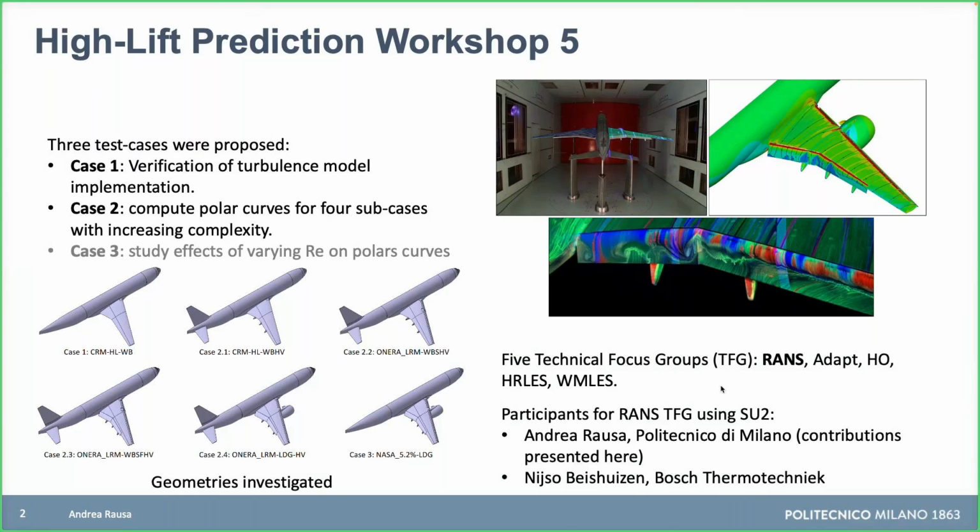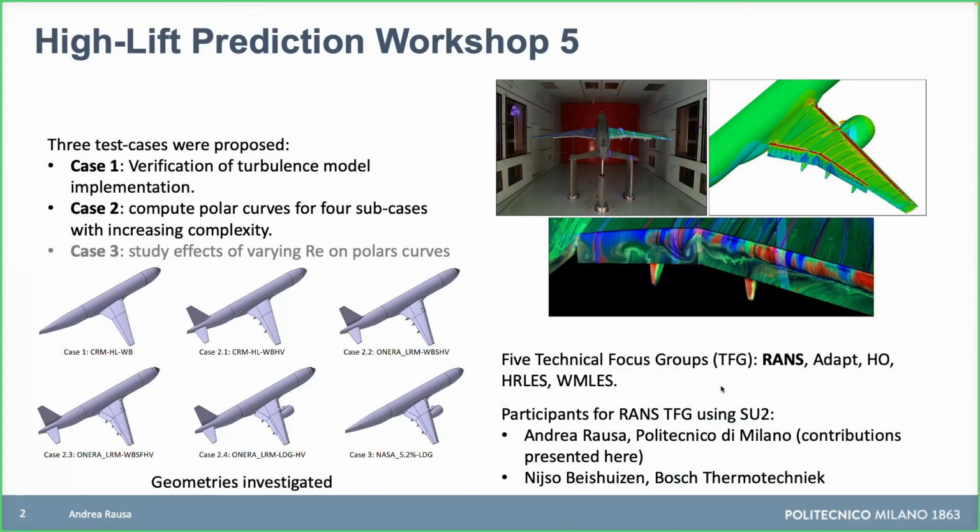So test cases 2.1, 2.2, 2.3, and 2.4. As we increase the number of the test case, we increase the complexity of the geometry. We see here these images. Test case 1 has just half fuselage and the wing, and that's it. Test case 2.1 also has the fuel tanks and horizontal and vertical tails.